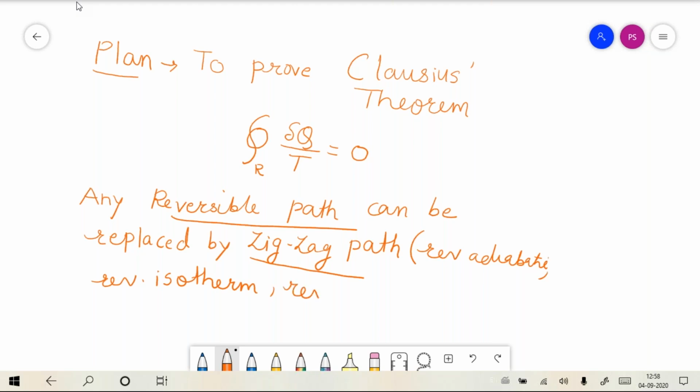It means that if you consider any reversible path, then we can show that that reversible path is equivalent to a set of three processes comprising of two reversible.